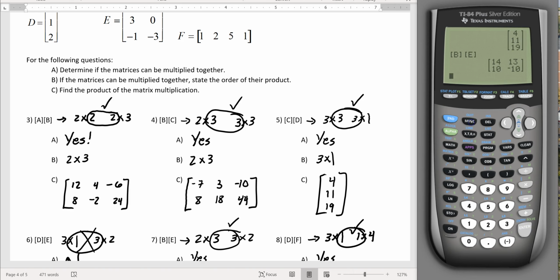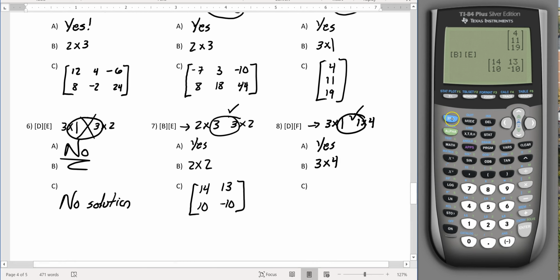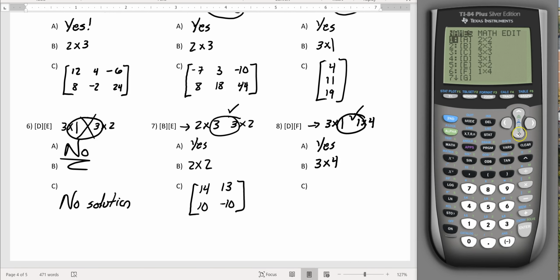Second quit. And now for this multiplication, I'm doing D times F. So I go second matrix D, enter, second matrix F, enter. And here is that 3 by 4 matrix here. All right, let's write this all out.